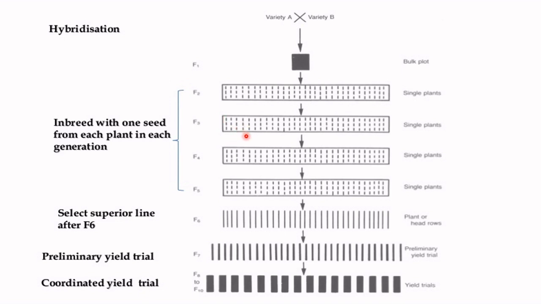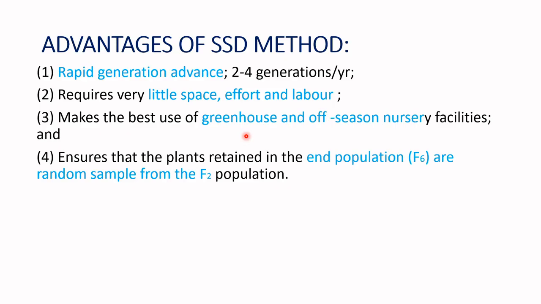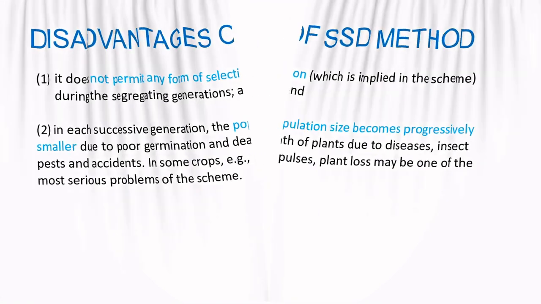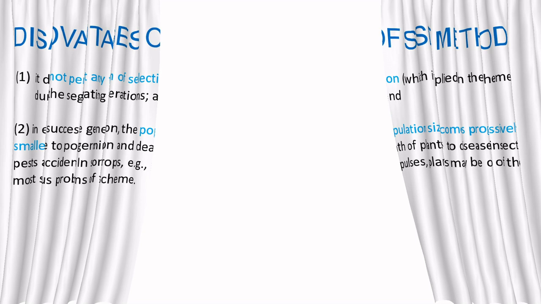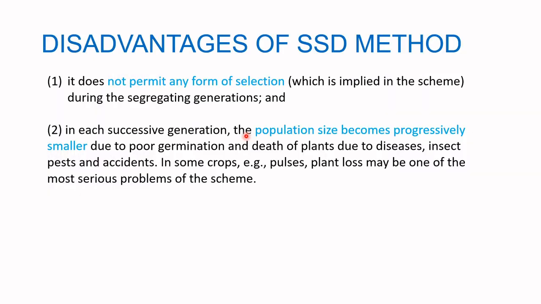So there is a risk of loss of plants in this type of single seed descent method.